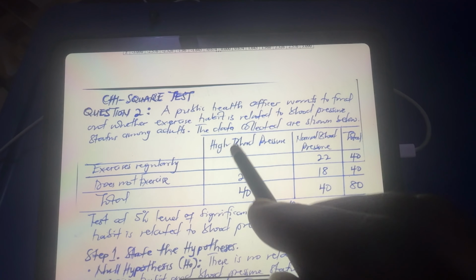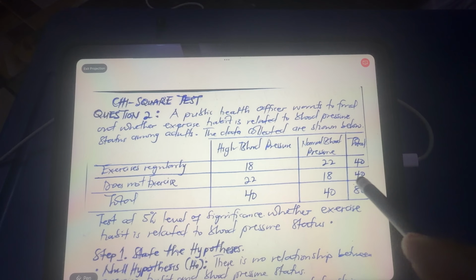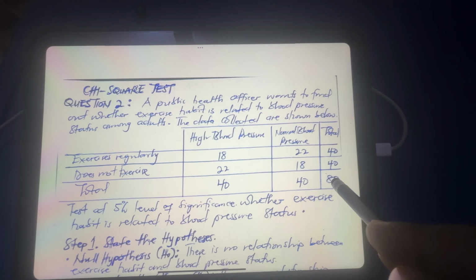So if you want the expected frequency for this 18, the formula says row total, which is 40 if you trace the total, and this column total is also 40. The formula says multiply this 40 by this 40 and divide by the grand total, 80.